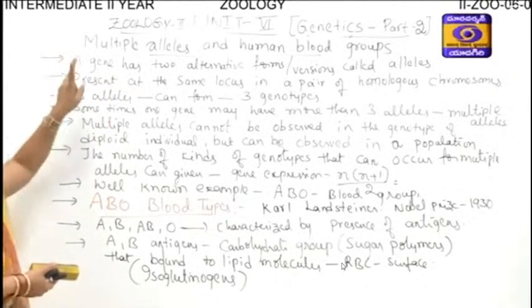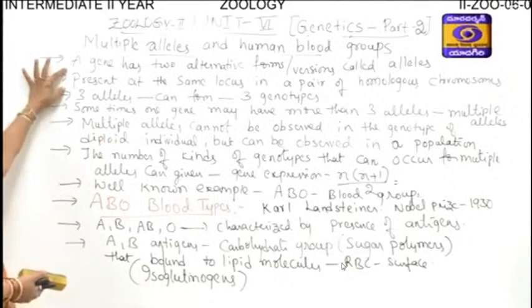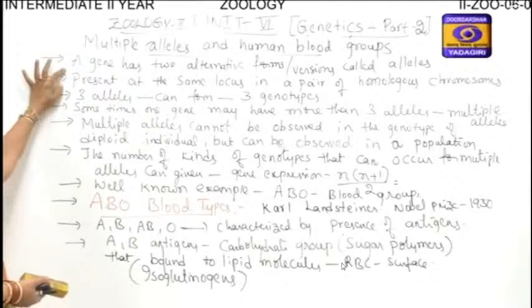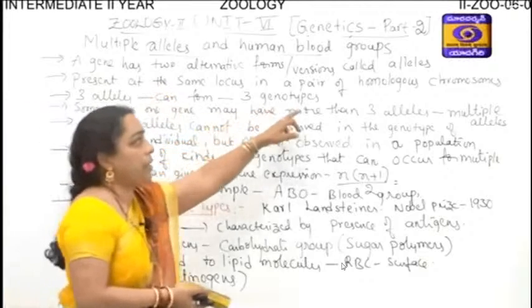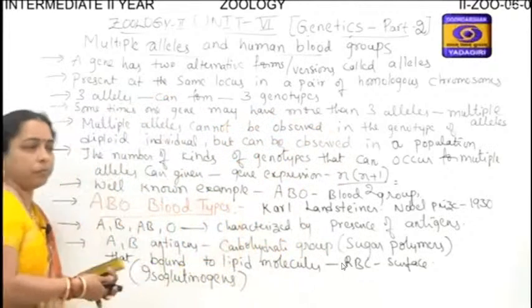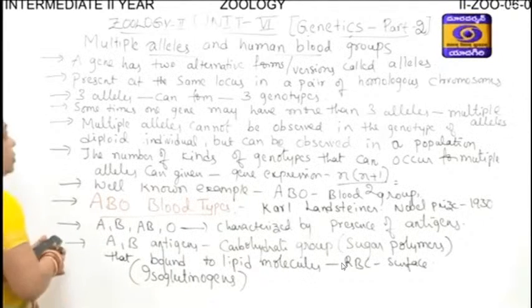These alleles are present at the same locus of a pair of homologous chromosomes.